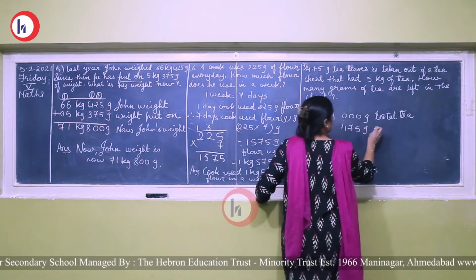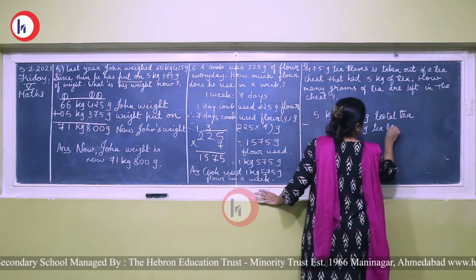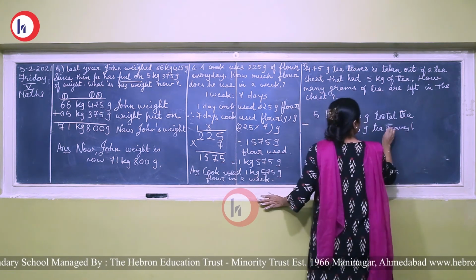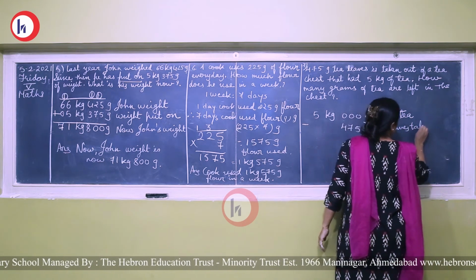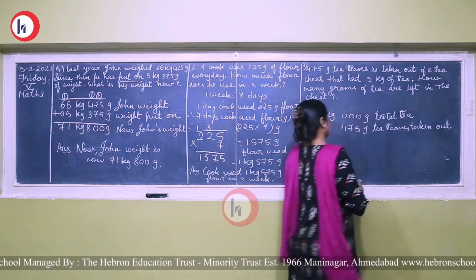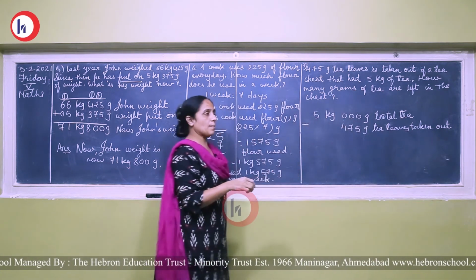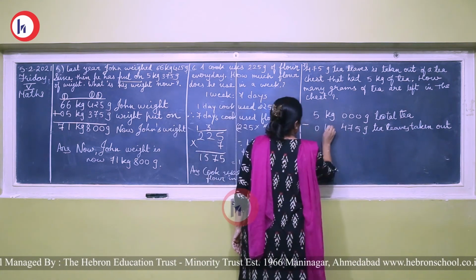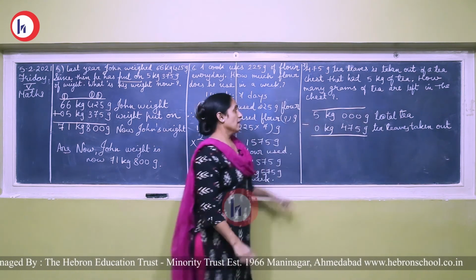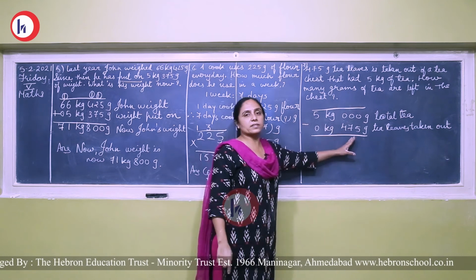475 gram tea leaves taken out. Nothing is given in gram, so we will write 0 gram. Here also nothing is given. Here kilogram is given and here gram is given.